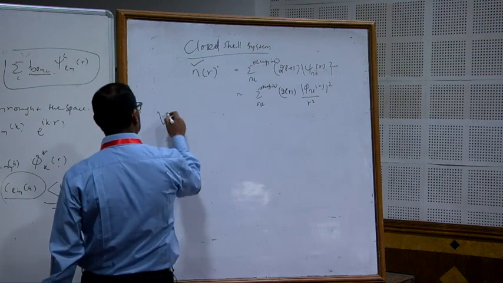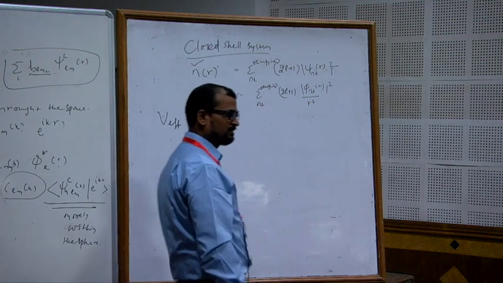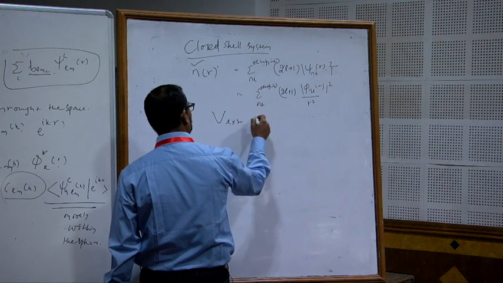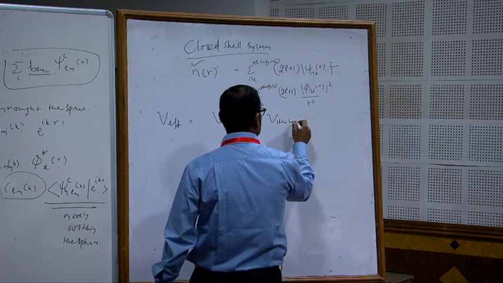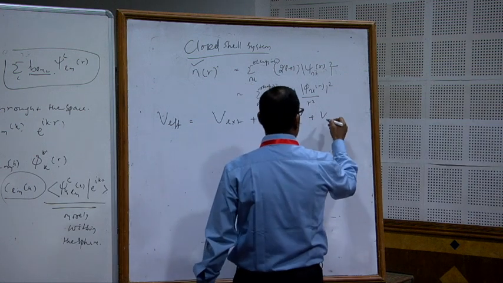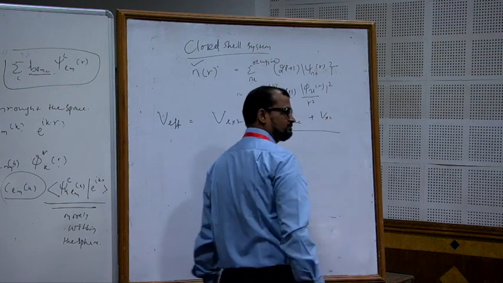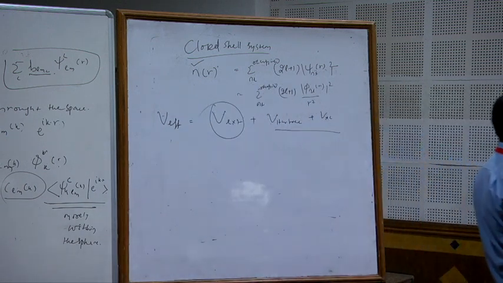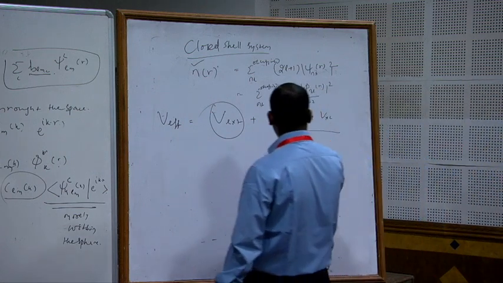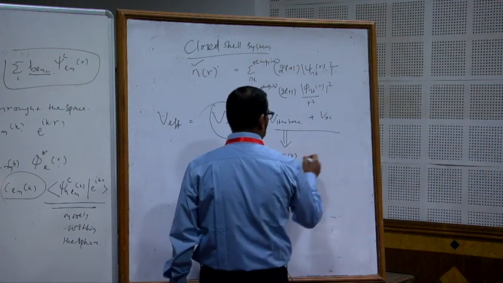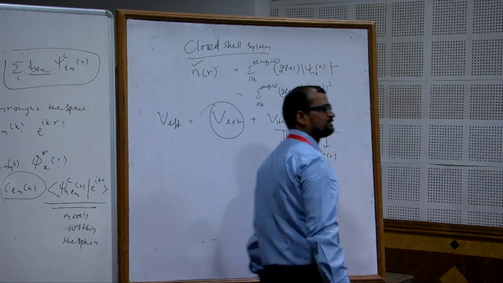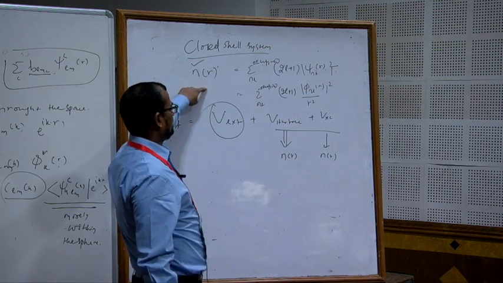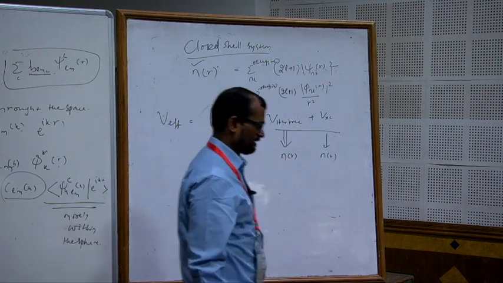Now, for your effective potential, which consisted of external plus V_Hartree plus V_XC, keeping aside this external potential, which is generated by the ions, these two depend on the density n(r). If you look at this expression, you see that your n(r) itself is spherically symmetric.